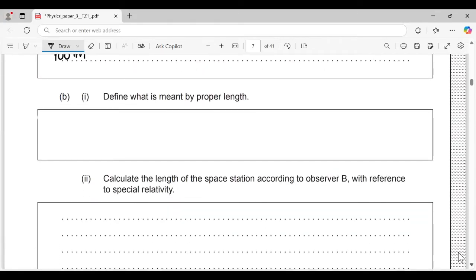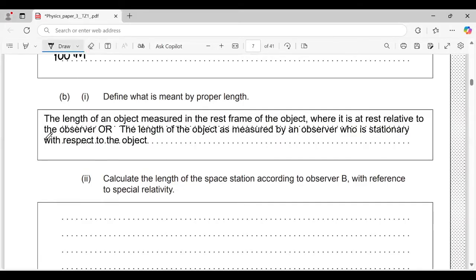Define what is meant by proper length. I have provided my answer to this question. The proper length is the length of an object measured in the rest frame of the object, when it is at rest relative to the observer, or the length of the object as measured by an observer who is stationary with respect to the object.